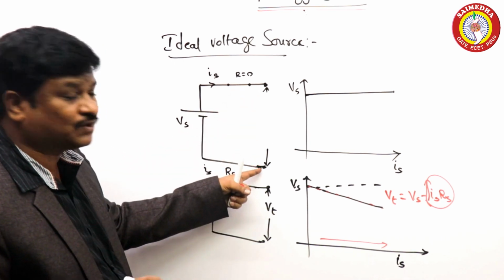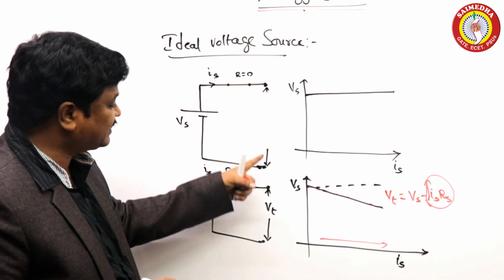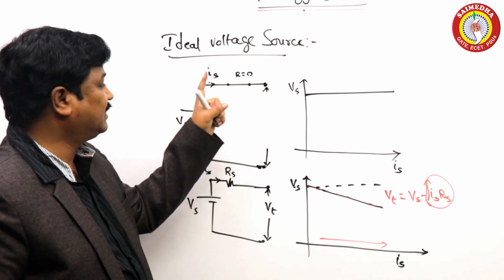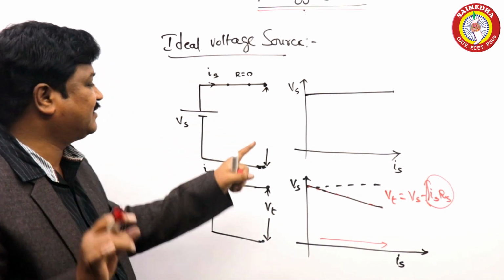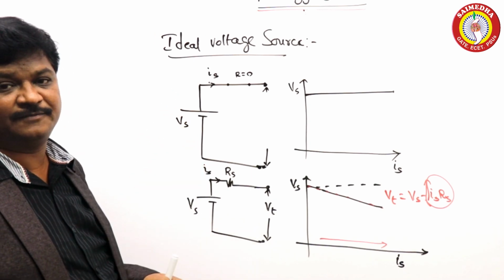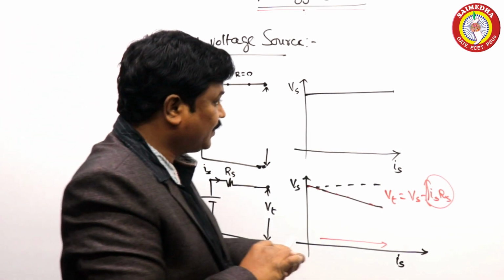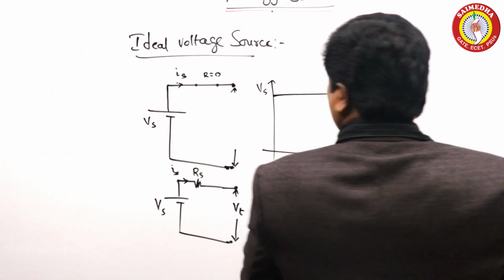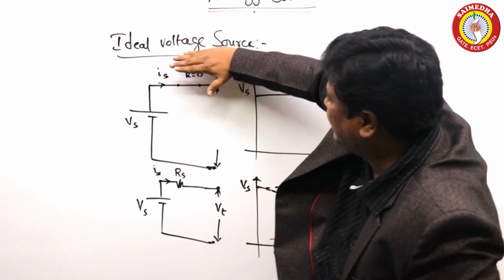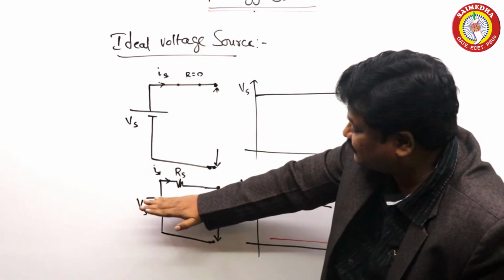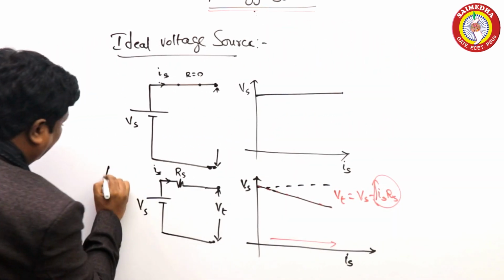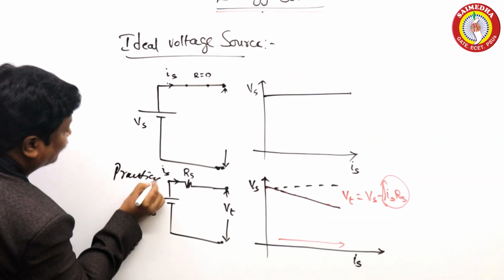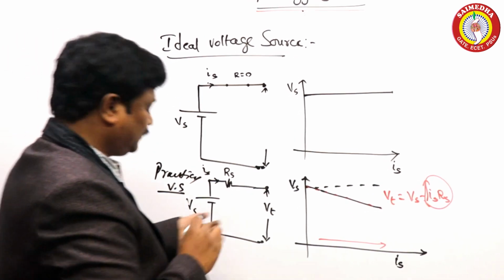Whereas in an ideal voltage source, if the source current increases, it shows no effect on the terminal voltage. Earlier I gave the heading ideal voltage source; this one is a practical voltage source. Keep it in mind and don't confuse it.